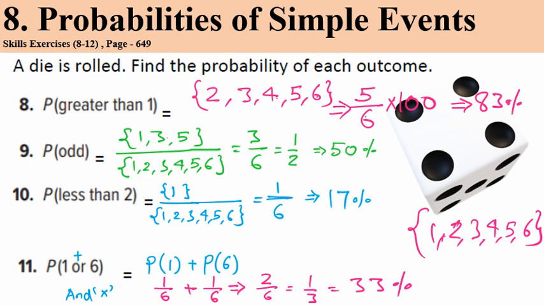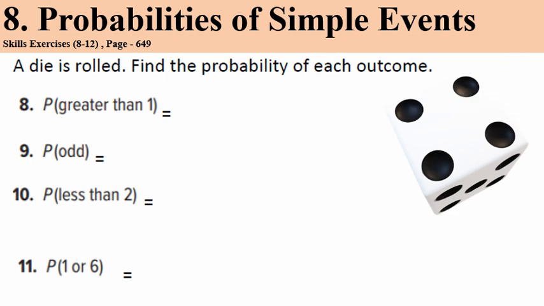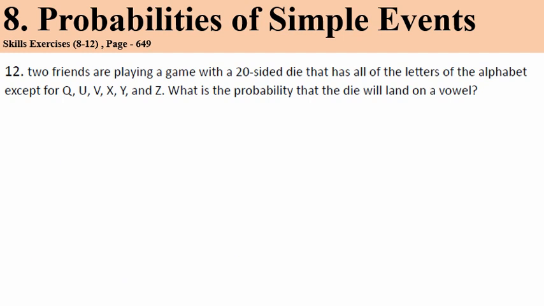Now the next question: two friends are playing a game with a 20-sided die. Now this time a die has 20 sides. In the previous die how many faces? 6. Now this time you have 20 sides or 20 faces. So total 20.